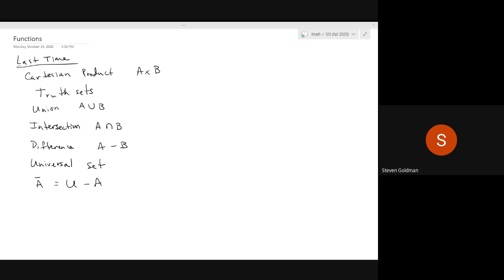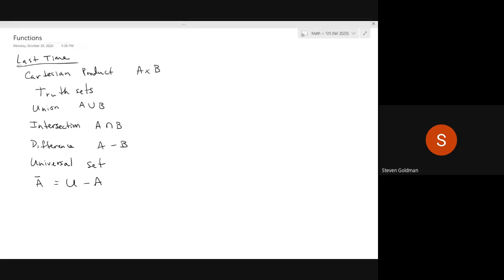Okay, so 29 and 35 from section 2.1. And then we have some from 2.2 as well. Okay, so let's start with 29. Give me one moment to pull it up.